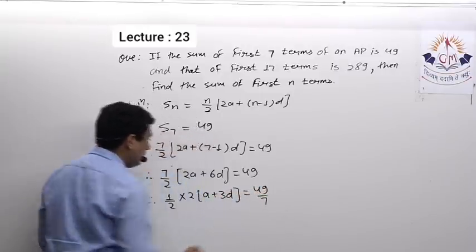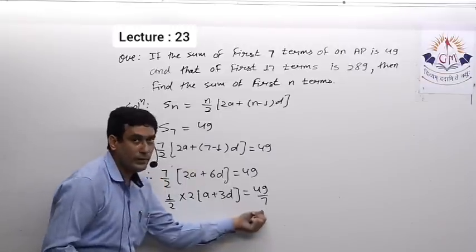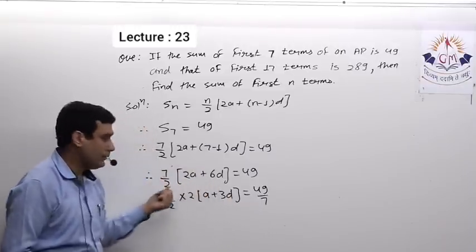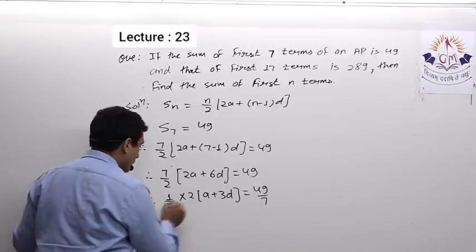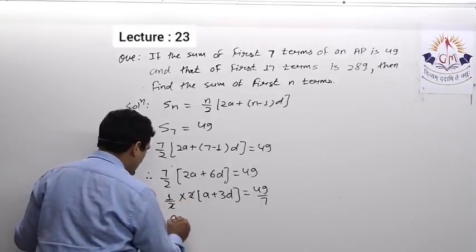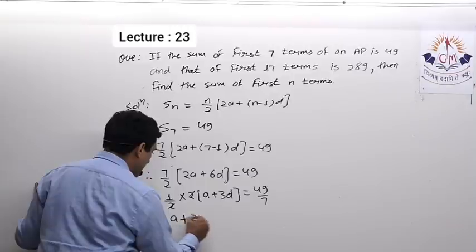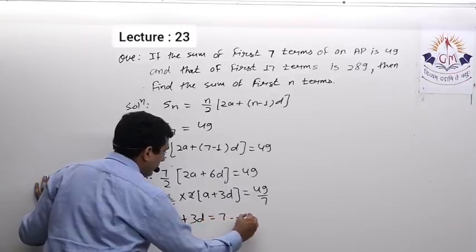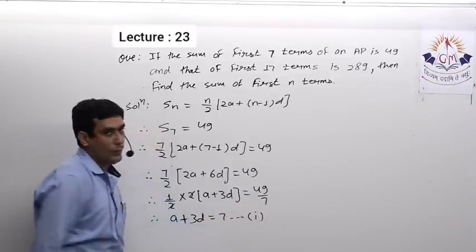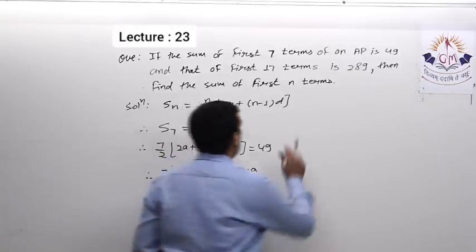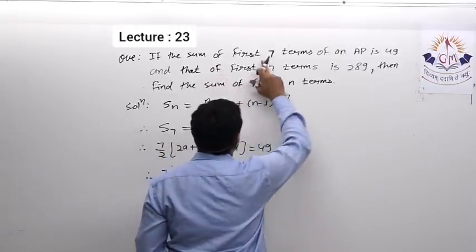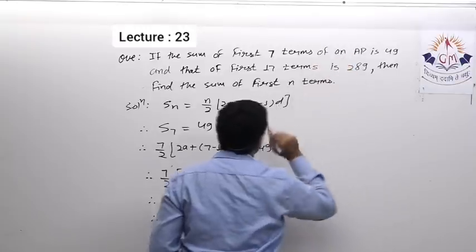I did 2 or 3 things simultaneously. I took 7 on that side, I took 2 common from these two, and here I wrote 1 by 2. So this 2 and 2 cancel. So ultimately what I got, a plus 3d is equal to 7. This is my first equation. Okay, that I got with the help of this line, that is sum of 7 terms is 49.